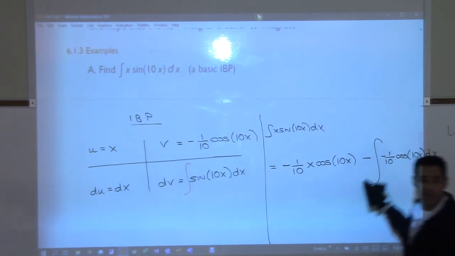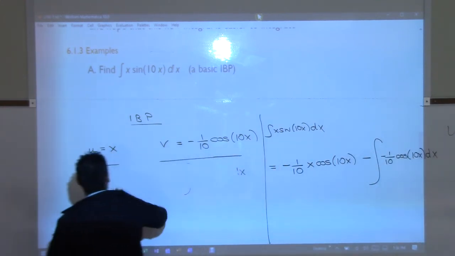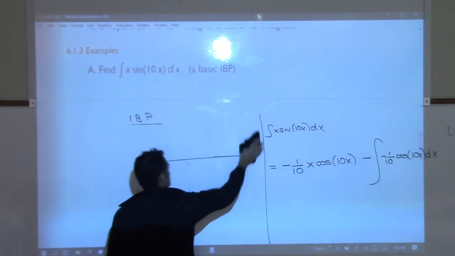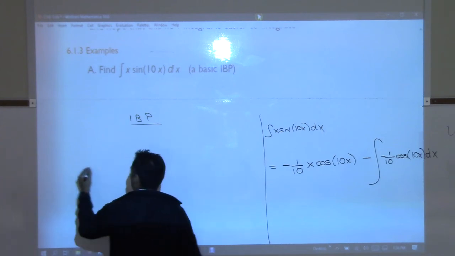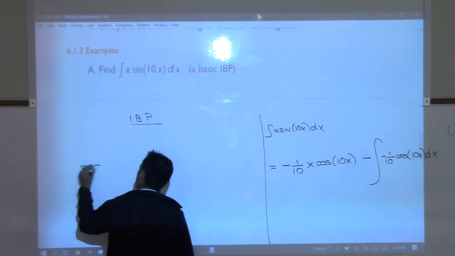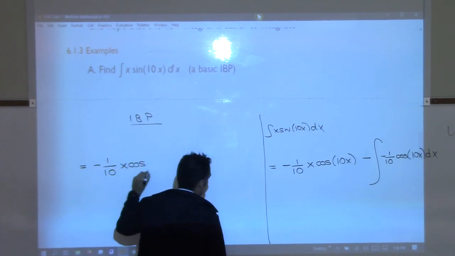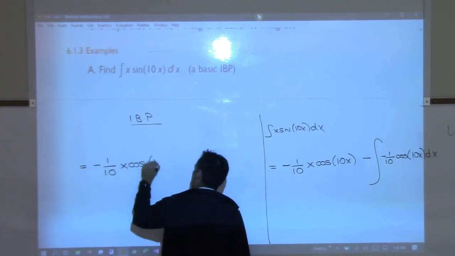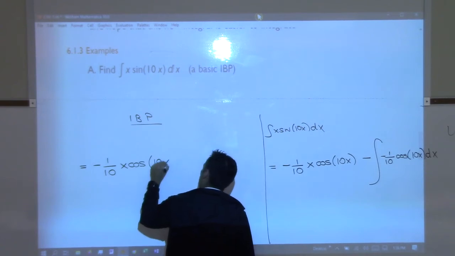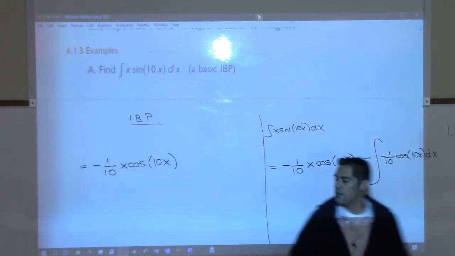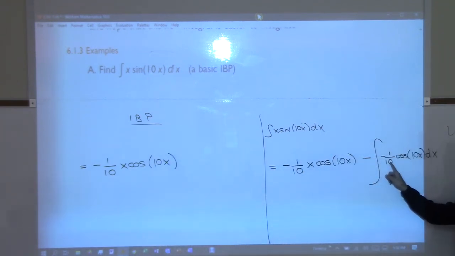I'm going to rewrite this integral, okay? But before you do an antiderivative, I want you to help me clean it up. How could I rewrite that to clean it? Is there anything I can do with that minus 1/10 on the inside? What can we do with constants when we're doing antiderivatives? Take them outside.